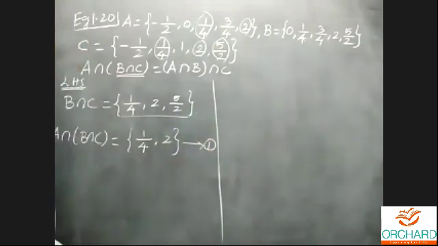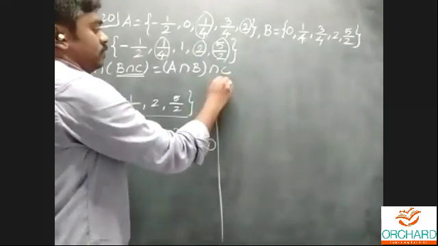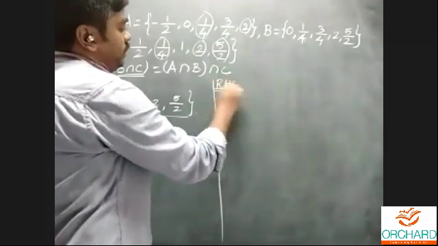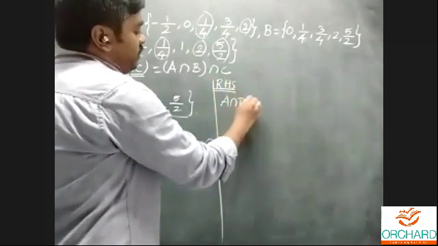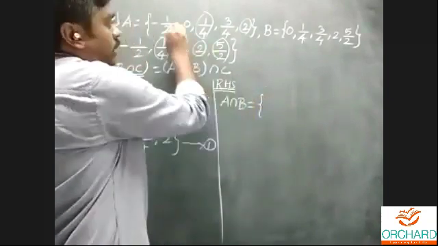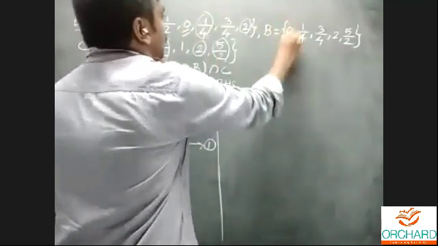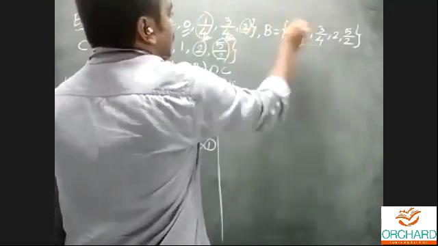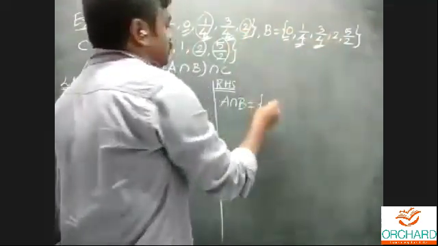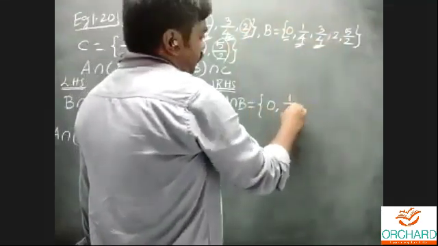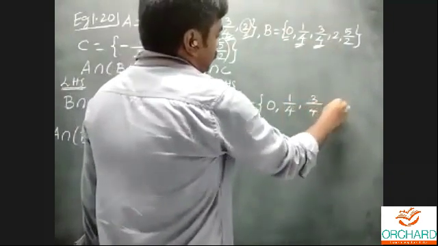Next, for the right hand side, A intersection B first. Compare the sets A and B. What elements are common? 0, 1/4, 3/4, 2.